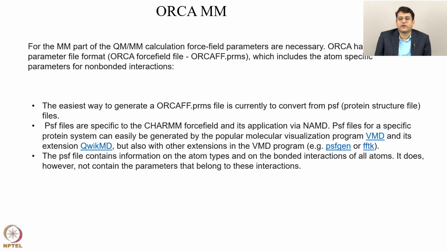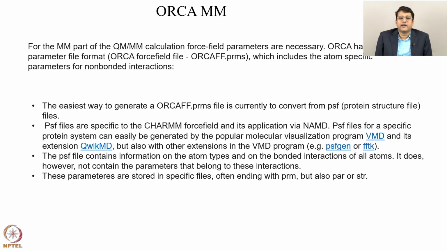The PSF file contains information on the atom types and bonded interactions of all atoms. It does not, however, contain the parameters. So, it only says what kind of interactions are there, and the parameters are actually written in a different file. And we are going to look at the parameter files also.